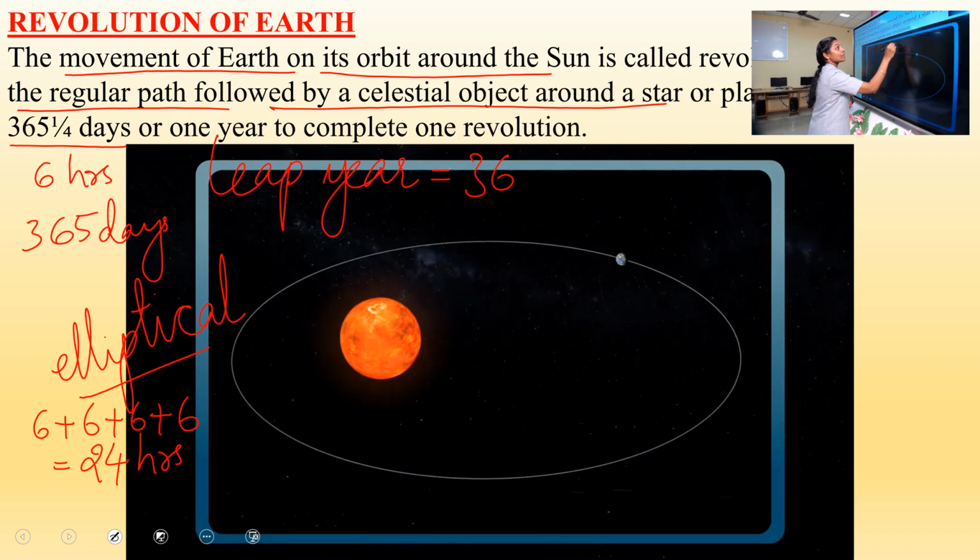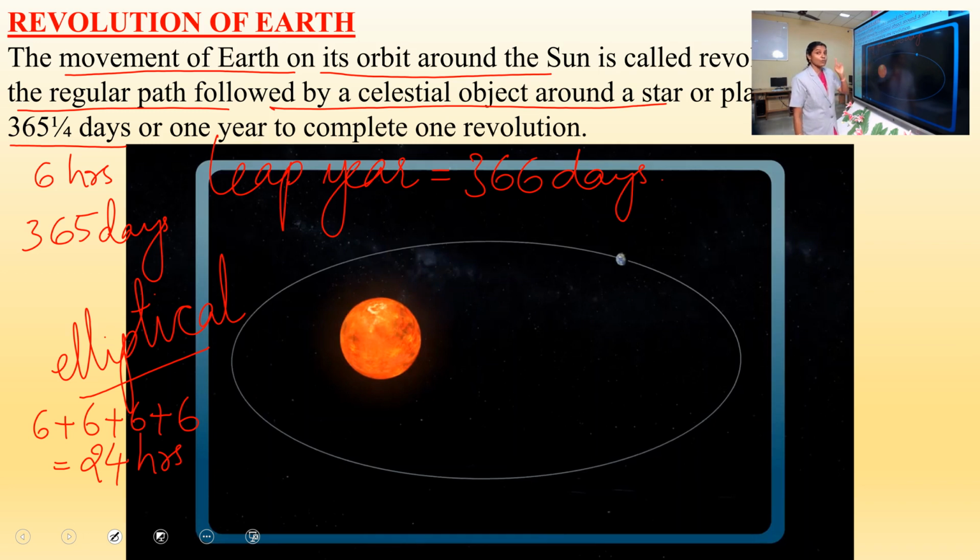So leap year has 366 days. That means 365 plus 1 day. 24 hours means 1 day. That will give us 366. Now, you don't have to study the leap year as it is. It is not given in your textbook, but for clearance, because here it is written 365 1 by 4 days.